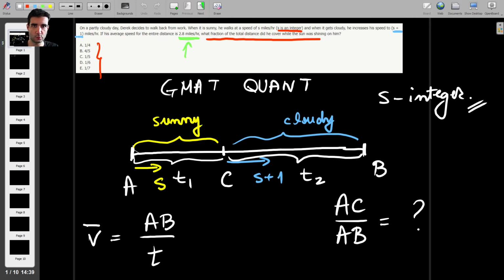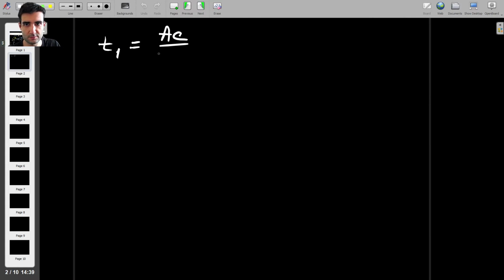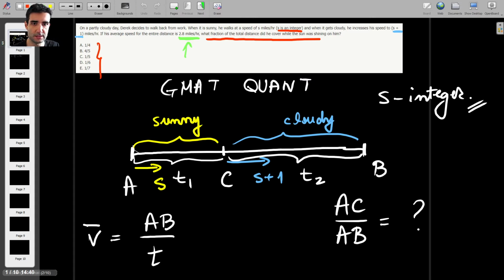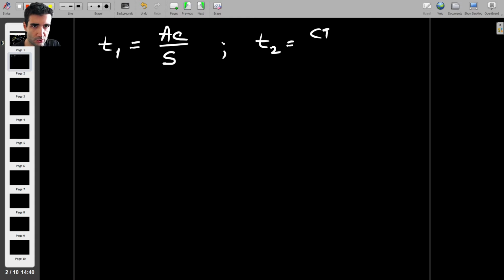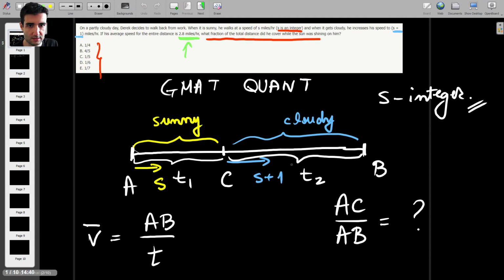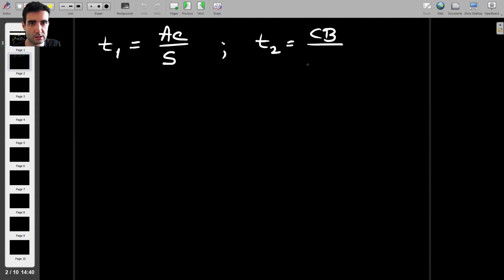divided by the speed. We know that when it's sunny, he travels with a speed of s, so that's going to be divided by s. And time T2 is the time it takes to travel through the cloudy part of the region. So that's going to be CB over the speed when it's cloudy, which is s plus 1.